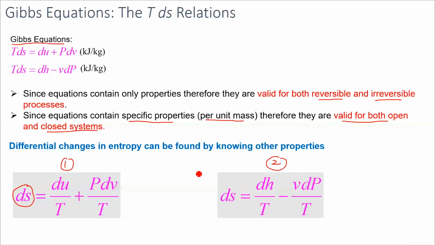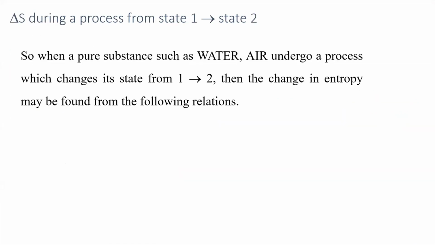These are the two expressions that we'll use for both compressible substances, which are solids and liquids, where specific volume doesn't change with the pressure, and you will apply the same for ideal gas. For these two fluids, you'll apply these two equations. So how would you apply these equations? Let us first look at the compressible substances.